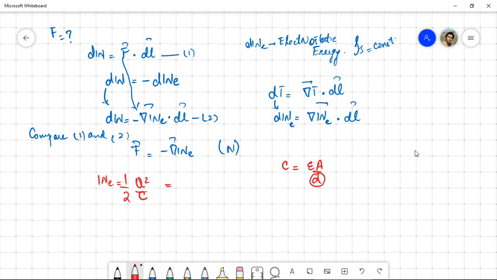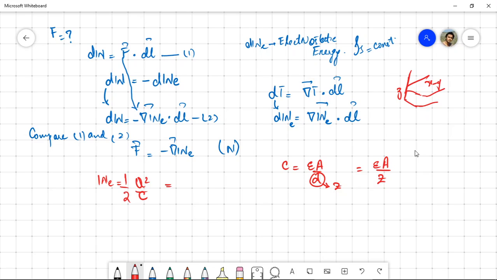Now we change this notation d to z, because if we place the parallel plate capacitor in the xy plane, then this movement, the dl, will be in the direction of z. So we are rewriting this as epsilon A over z. So this is the value of capacitance.